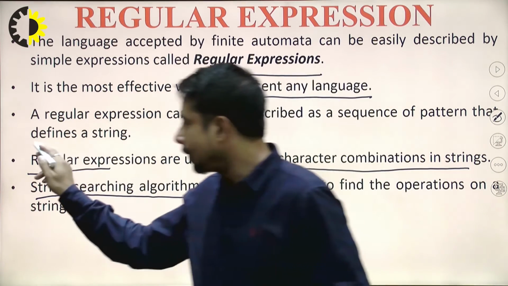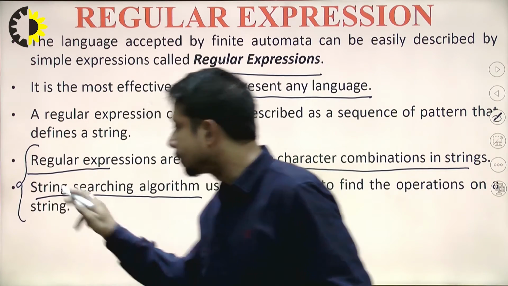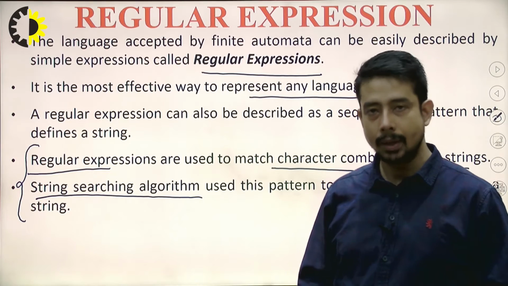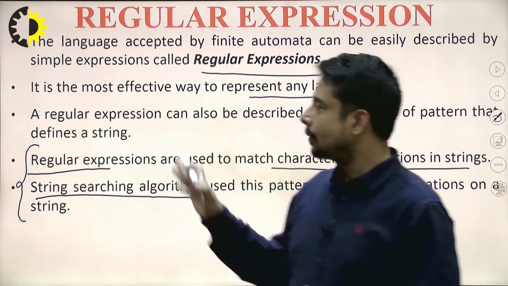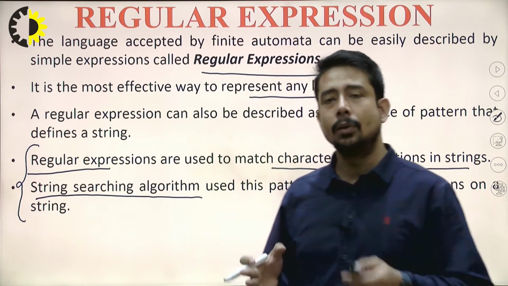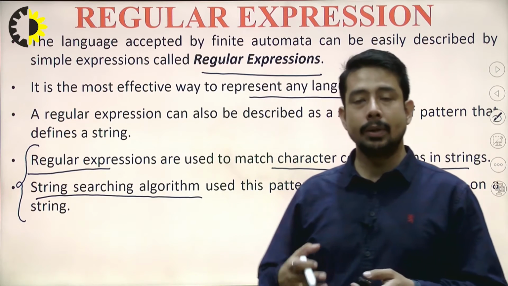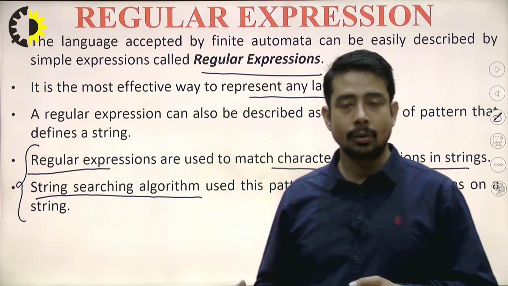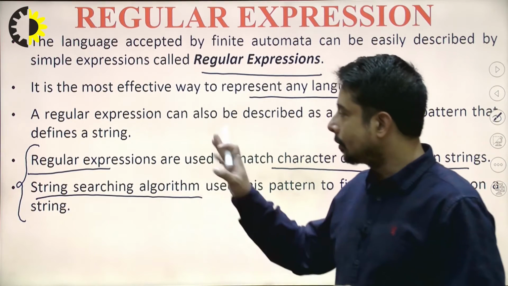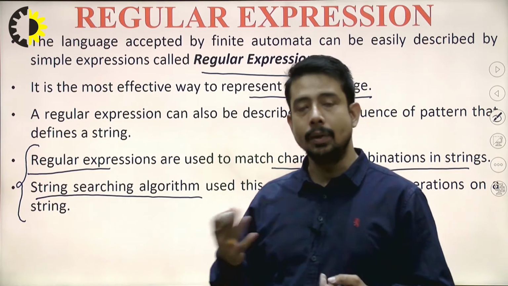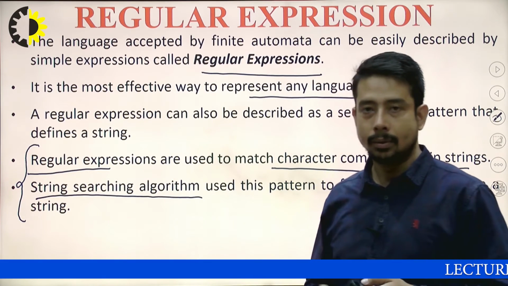So basically we can say that these are the two applications. Now let's check how we can utilize regular expressions in order to represent the strings, in order to designate a finite automata. Then we will get back to these applications, or you can remember them for later.